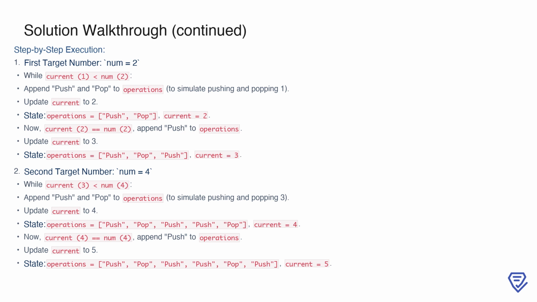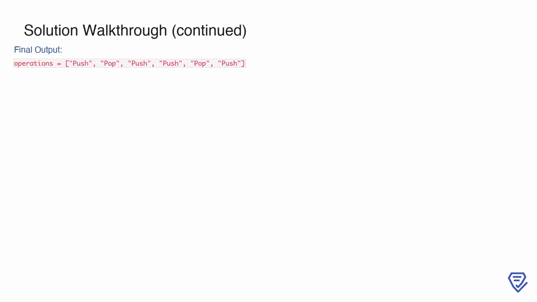The operations list by now is push, pop, push, push, pop, push. The final output for this example is push, pop, push, push, pop, push, which successfully builds the target array 2, 4. By following this step-by-step process, we ensure that all stack operations are correctly simulated to match the given target array for any input. This concludes the solution walkthrough for this problem.